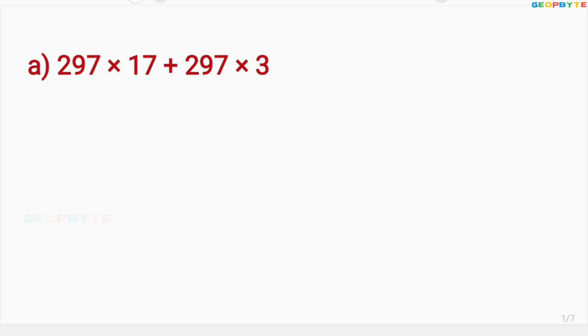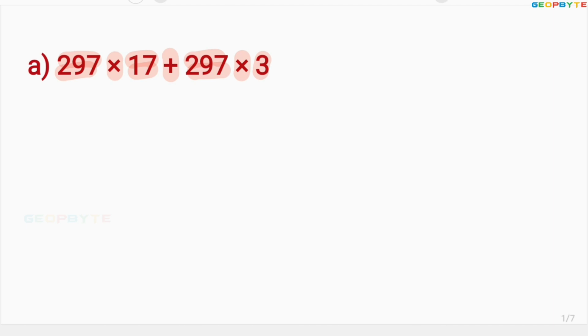Look at the bit A: 297 multiplied by 17 plus 297 multiplied by 3.